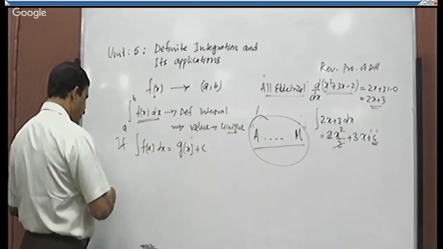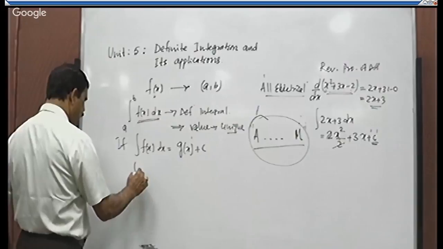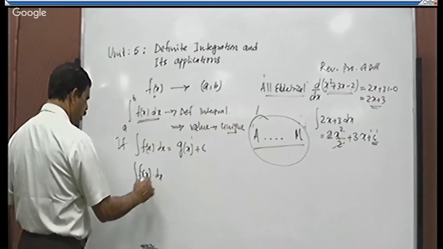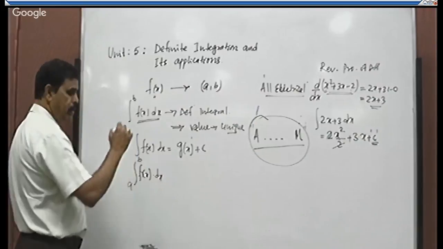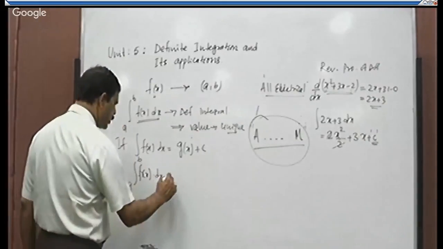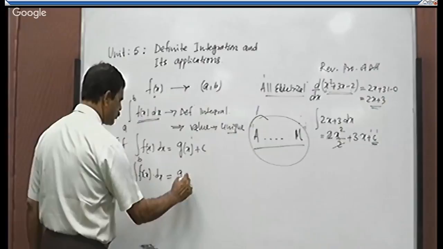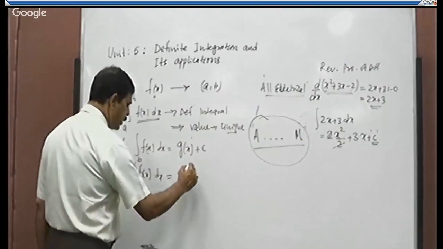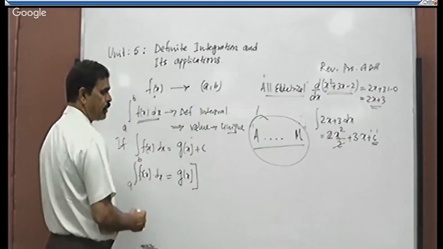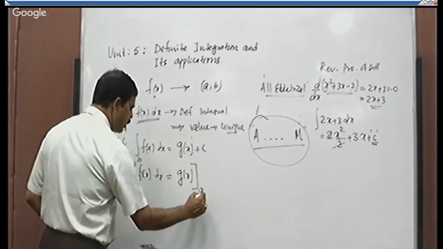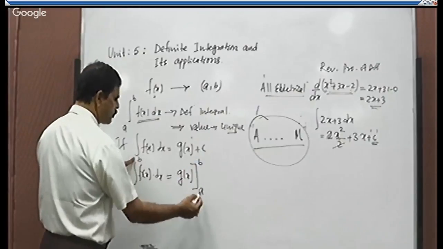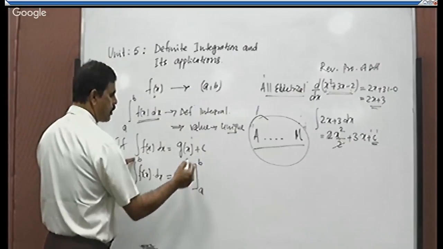So if this integral of f of x is carried out between the limits a to b, then it is equal to g of x, and we should write a bracket like this. Write the lower limit here, upper limit here. So this is the lower limit, this is the upper limit.